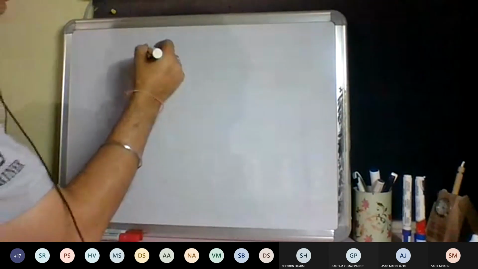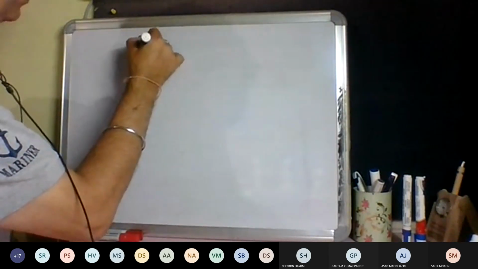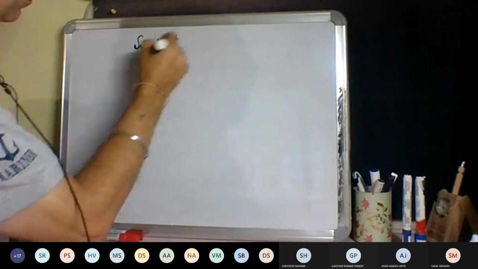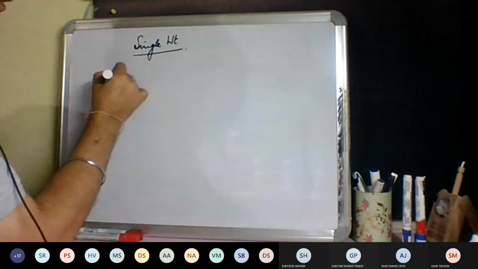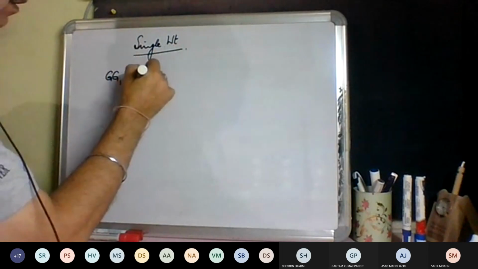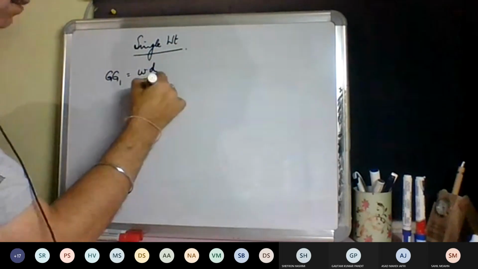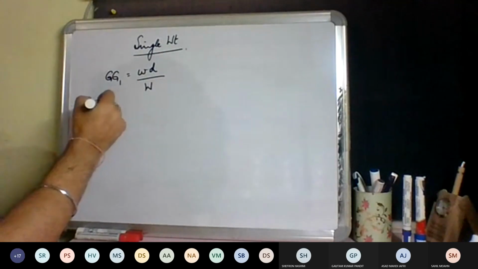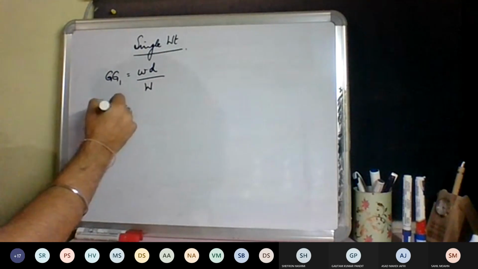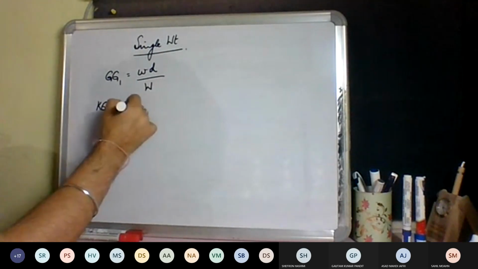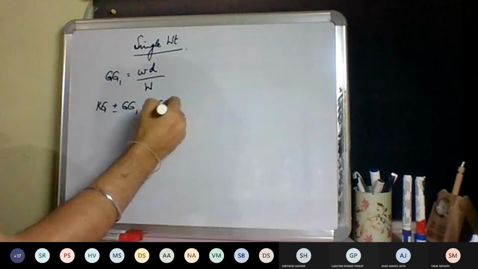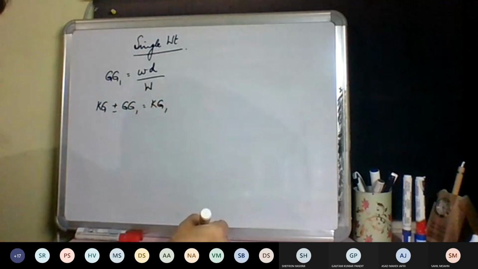So for a single weight, GG1 is equal to w d by W. This holds good. And therefore, KG plus or minus GG1 will give me KG1, the final KG.